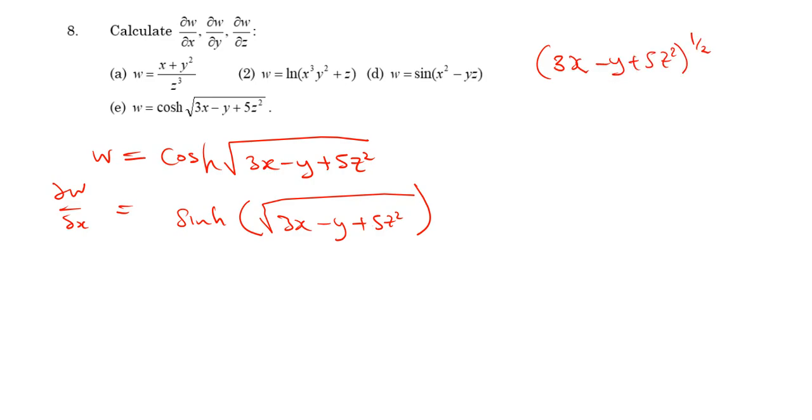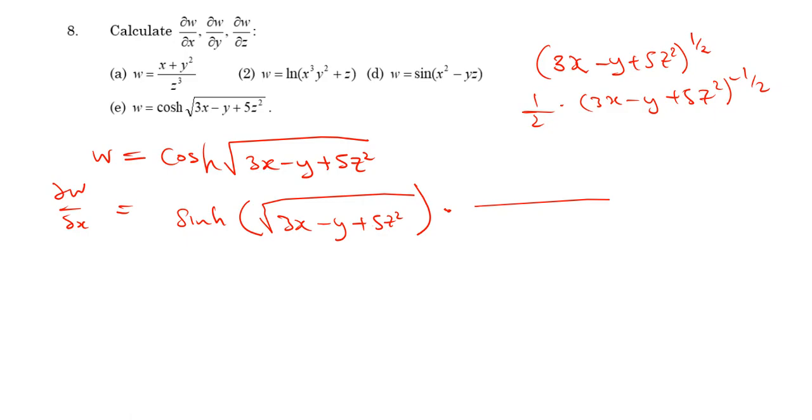So I'm differentiating this, still using the chain rule. The half drops down, then I subtract one from the power. So I have half, multiplied by (3x minus y plus 5z squared) to the negative half, because I've reduced the power by 1. This gives me 1 over 2 times a root.